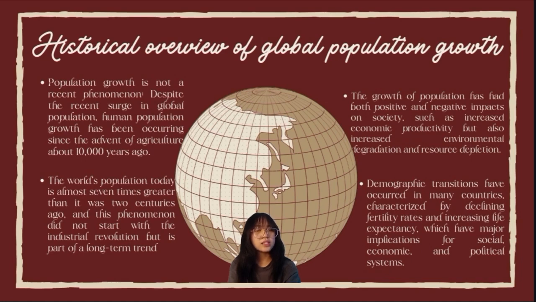This trend has been persistent over a long period, not just a recent development starting with the Industrial Revolution. Population growth has been a constant feature of human history and not just a recent phenomenon caused by modern technological advances or other recent factors.